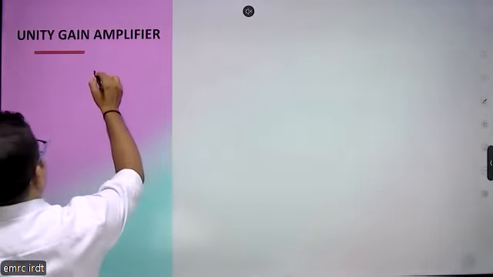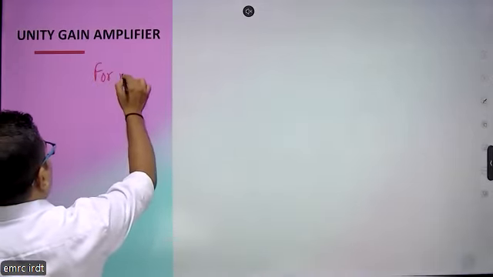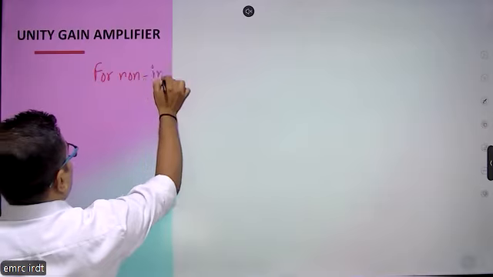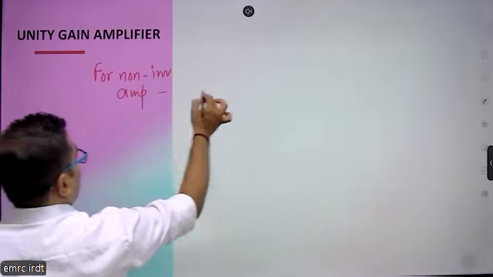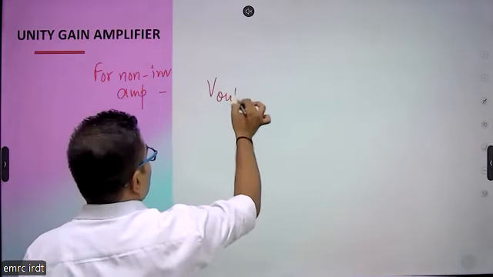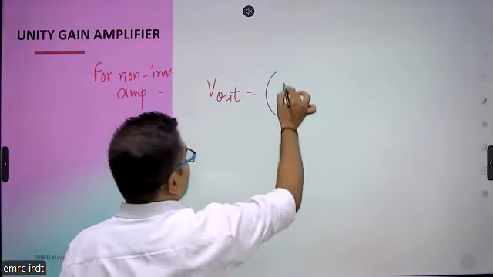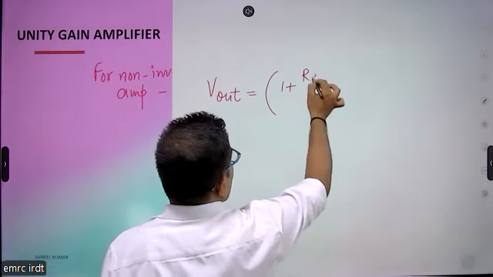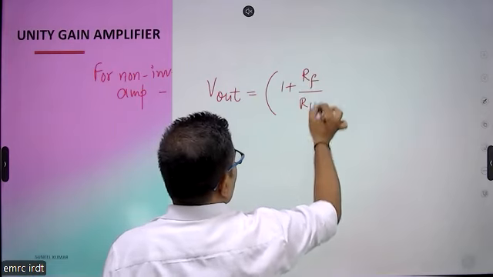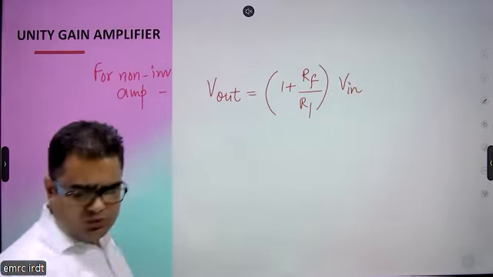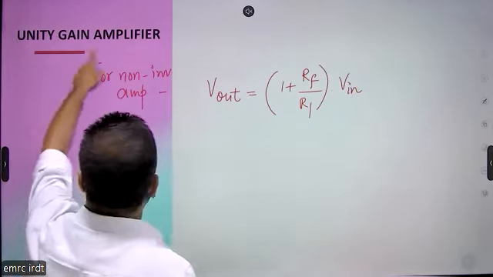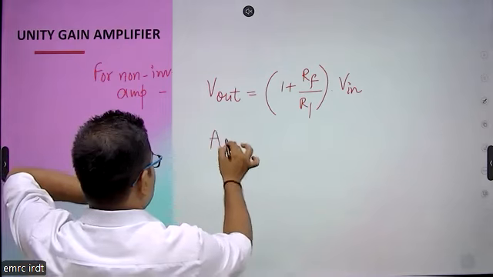For the non-inverting amplifier, we are having output as (1 plus RF upon R1) into V input. Now unity gain amplifier means the gain should be 1.